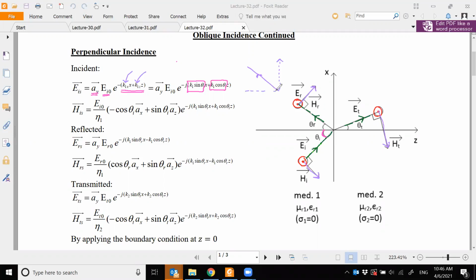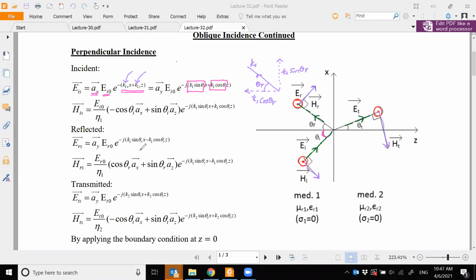This is the component along the minus Z direction. So if this is my theta R, then this is my theta R. So if this is my K1, then this will be what? K1 sine theta R, and this will be K1 cos theta R.